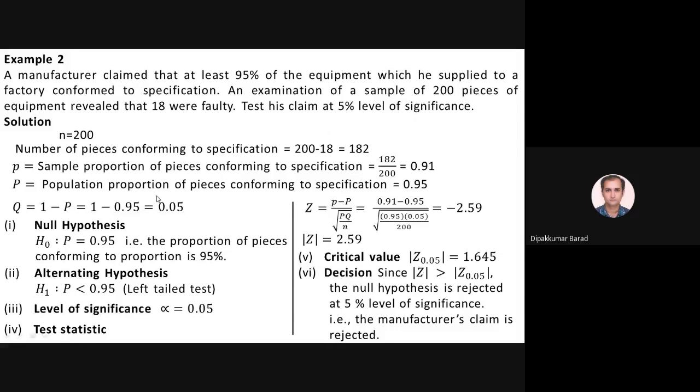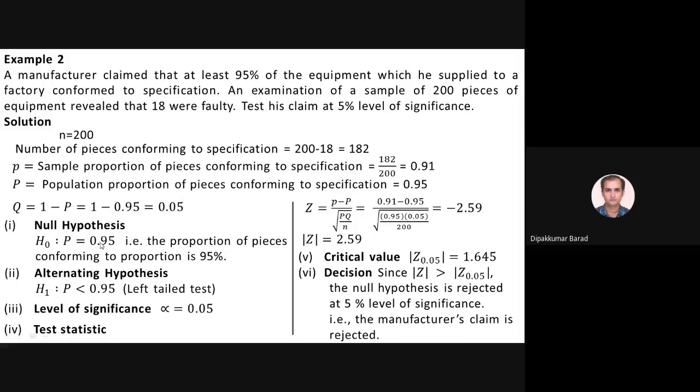In the working rule, we have already discussed P is equal to P0, and P0 is given as 95%, which means 0.95. That is, the proportion of pieces that conform to the specification is 95%. This is our null hypothesis, which we have set. We are claiming that. And now the alternative hypothesis is complementary to the null hypothesis.